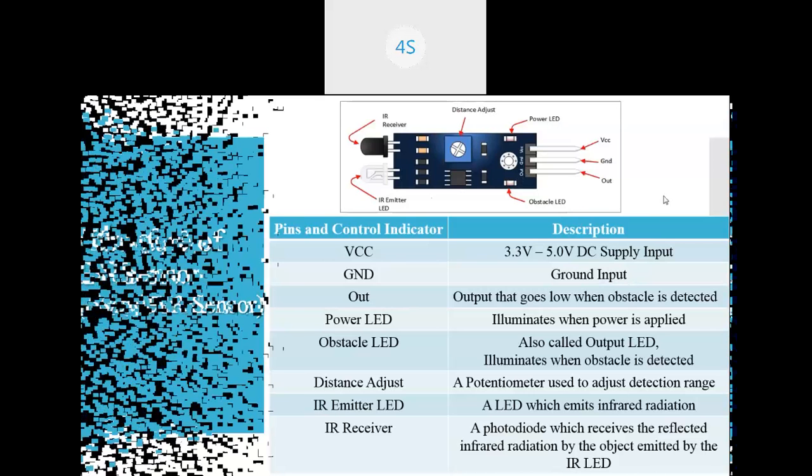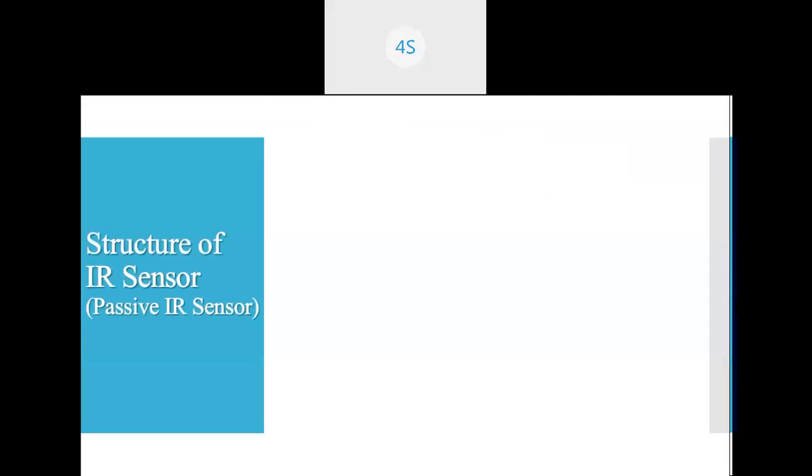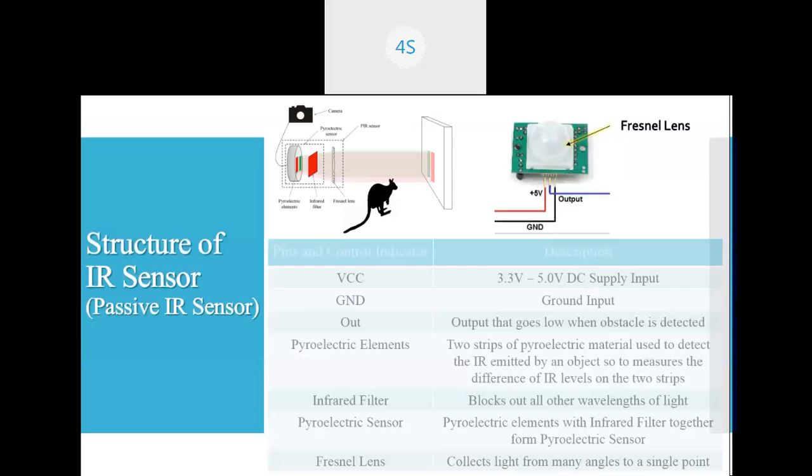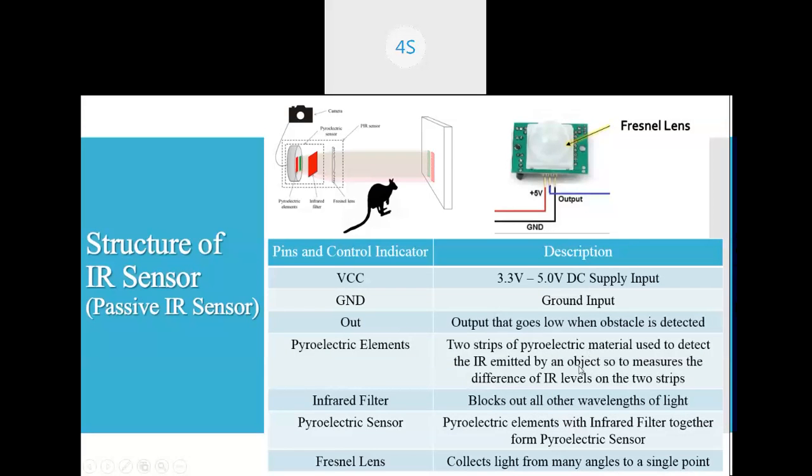The structure of the IR sensor, passive IR sensor. Here you can see it has three pins as the previous one, the VCC, GND and OUT. But here it has the pyroelectric elements. These are two strips of pyroelectric material that are used to detect the infrared radiation emitted by an object, so as to measure the difference of the IR levels of the two strips.